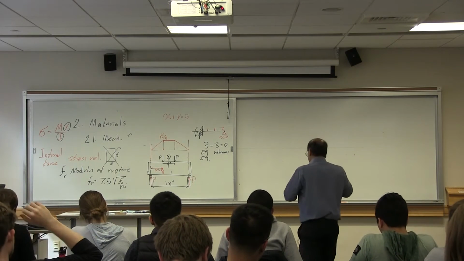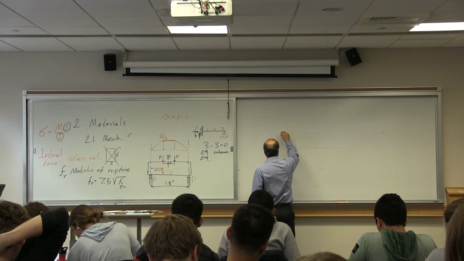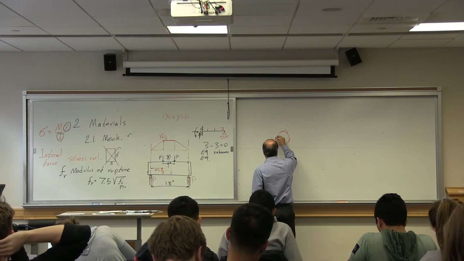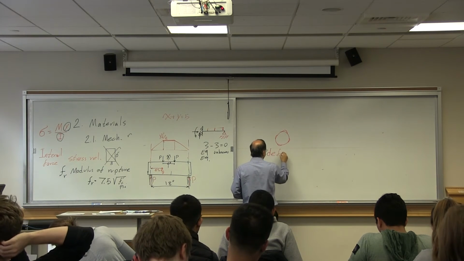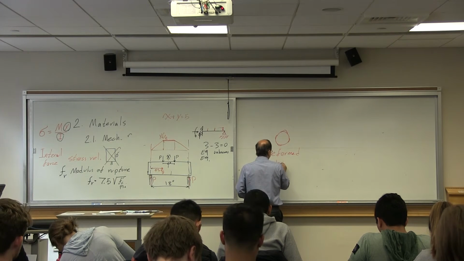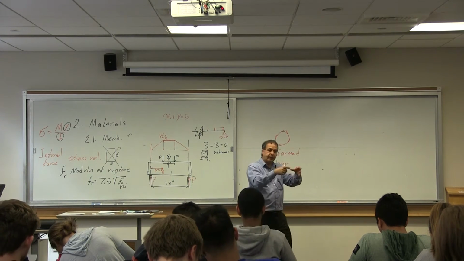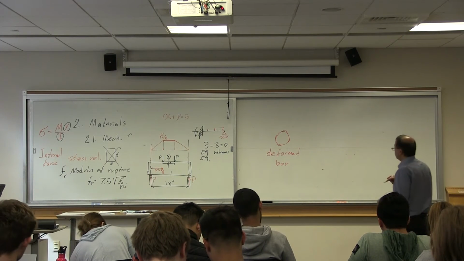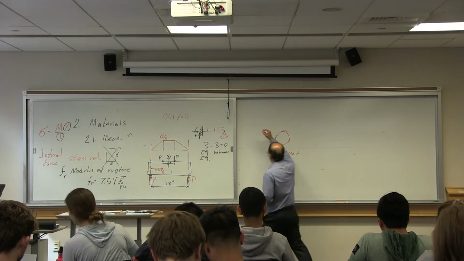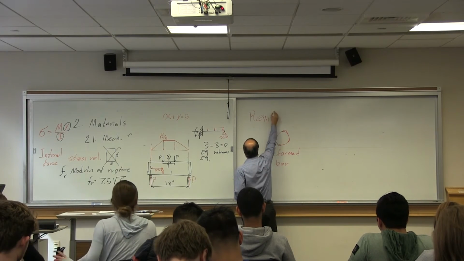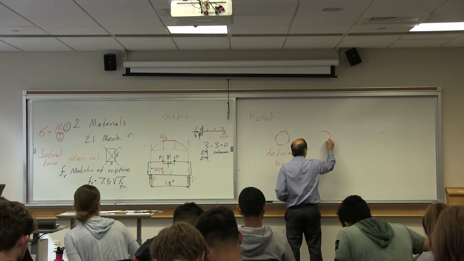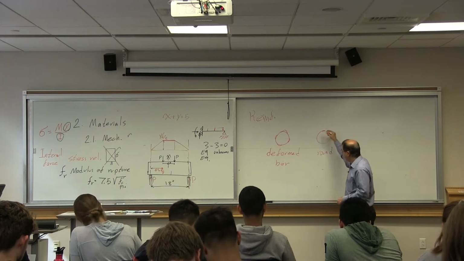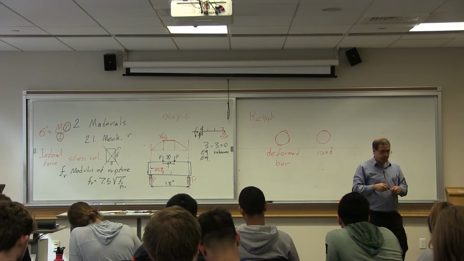So what it has is not smooth. It has these things, we call it a deformed bar. Deformed means there are surface deformations intentionally developed, as opposed to round bars. This is round, this is deformed.